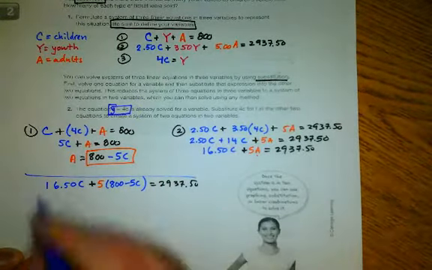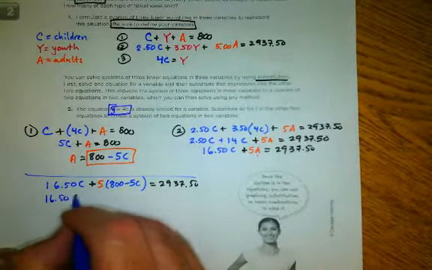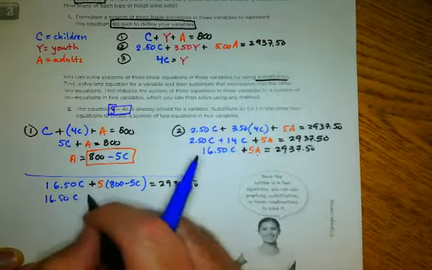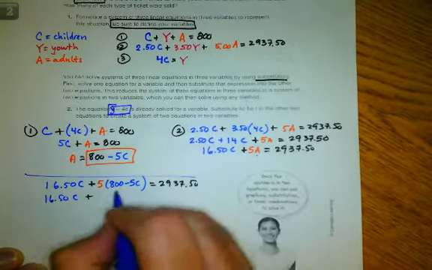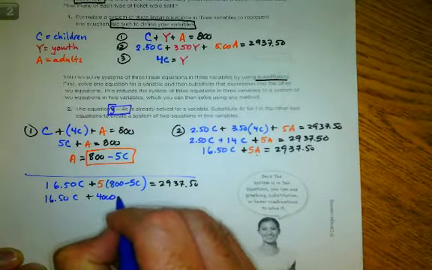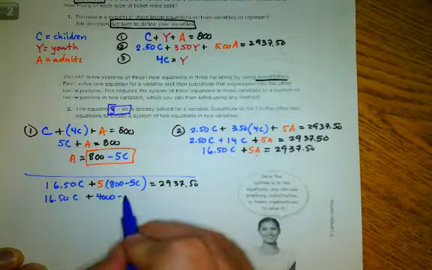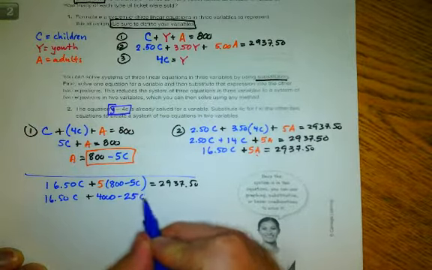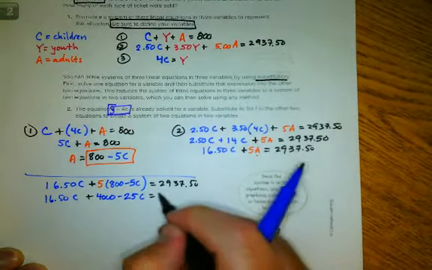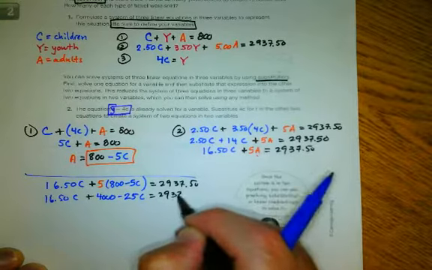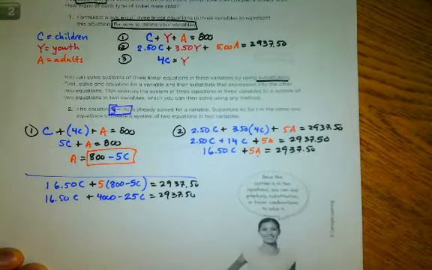Now I'm going to multiply through. This becomes 1650 c's plus 5 times 800 is 4,000 minus 5 times 5 is 25 c's, and that has to equal the same number, 2937.50. I'm going to combine my like terms.